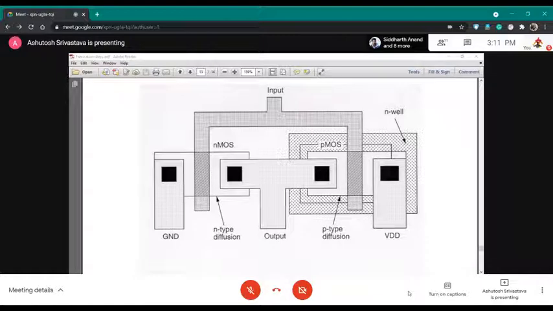In digital VLSI design, you have electronic design automation tools like Cadence and Synopsys, which are used all over the world, right from Intel to Nvidia and Apple and so on and so forth.